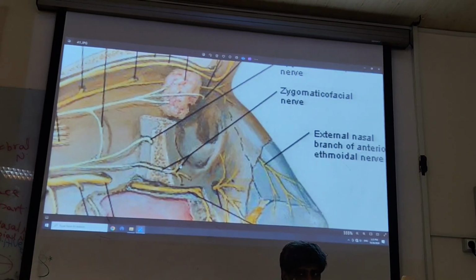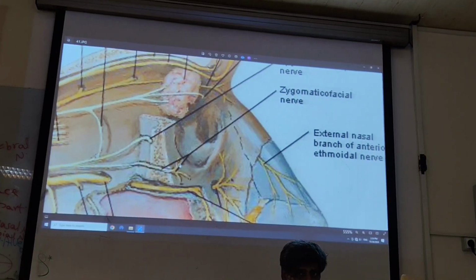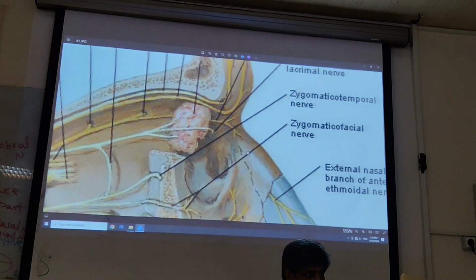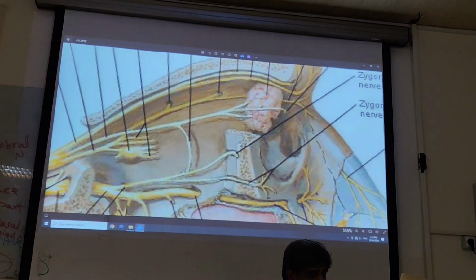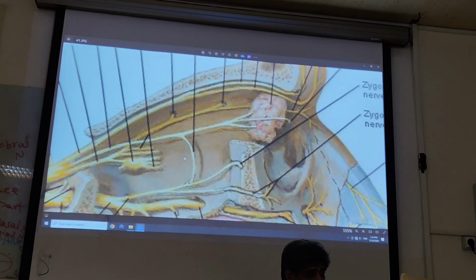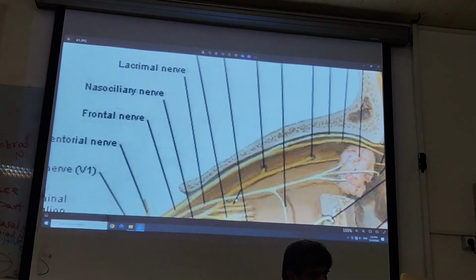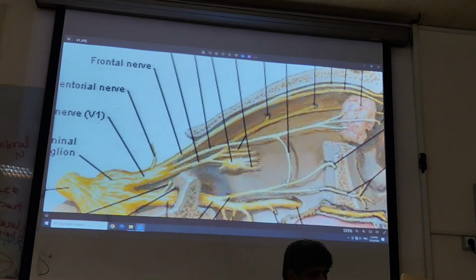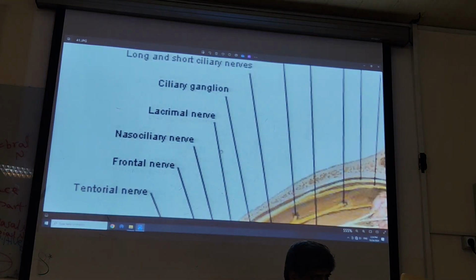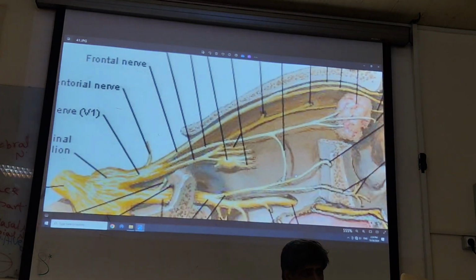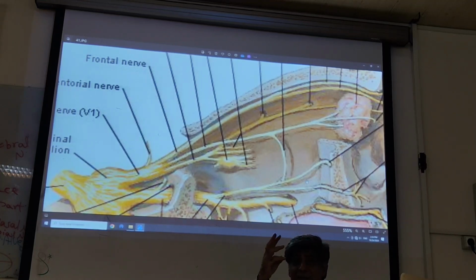Zygomaticofacial is the nerve supply of the skin of the zygoma, but zygomaticotemporal, the posterior part. Zygomaticotemporal, a branch of zygomatic, communicates with the lacrimal branch of the ophthalmic, the lacrimal nerve. Zygomaticotemporal contains 2 fibers, sensory and parasympathetic fibers.